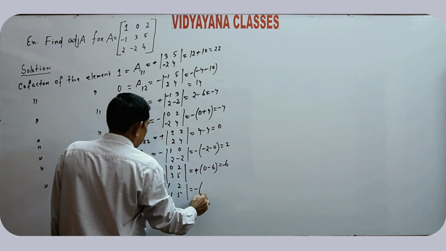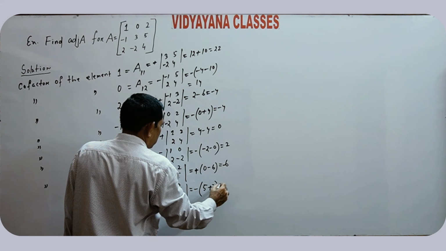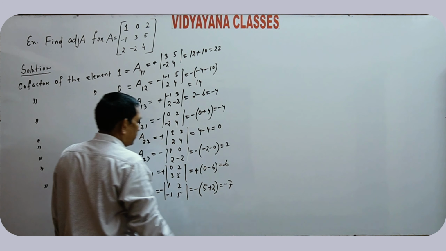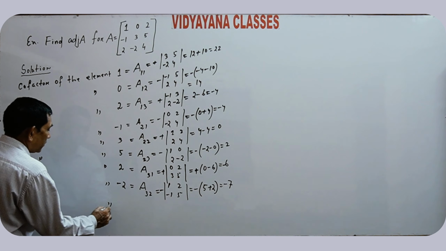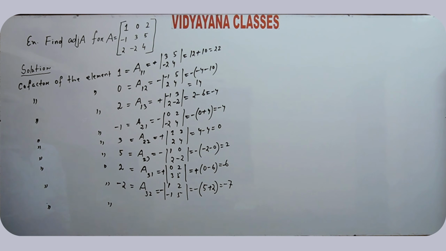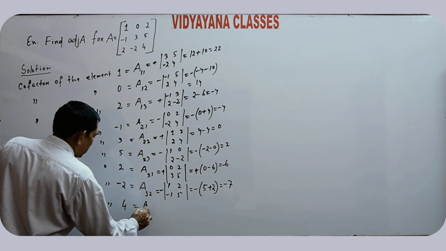Minus of 5 plus 2, that is equal to minus 7. Last, cofactor of the element 4, A33.